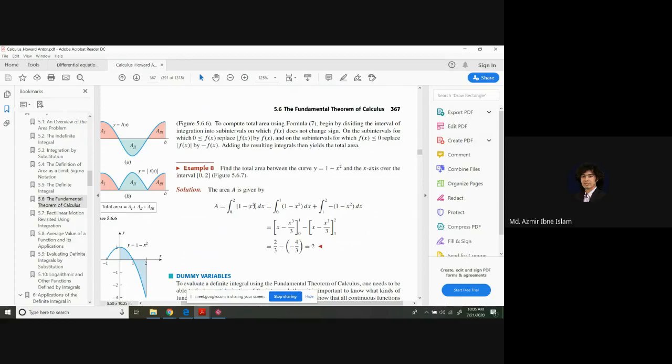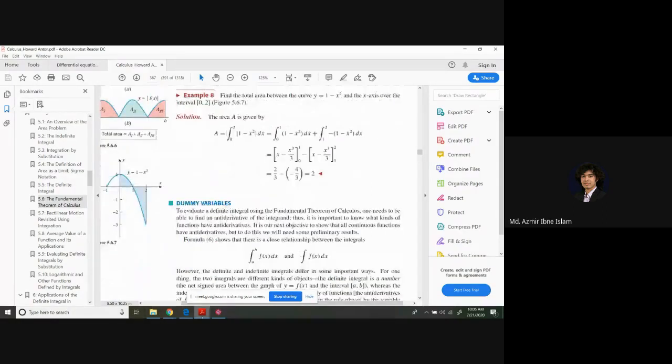If we have a modulus inside an integral sign, then we can't directly solve that part. We have to split up that function into positive and negative, and we have to draw the inner function, 1 minus x squared. That is our question. So using that method, I am going to describe this one here.